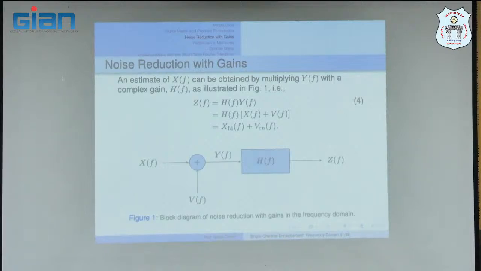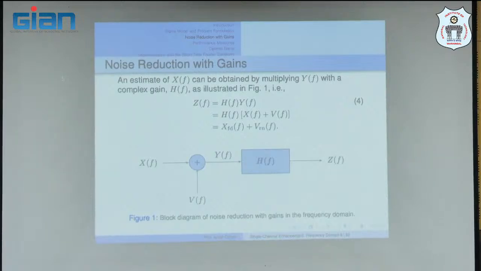So ideally, we want H(F) to be 1 to reduce distortion. On the other hand, we want the residual noise to be as low as possible. So we want H to be close to 0 to suppress more noise.